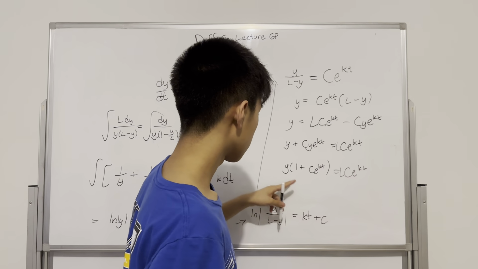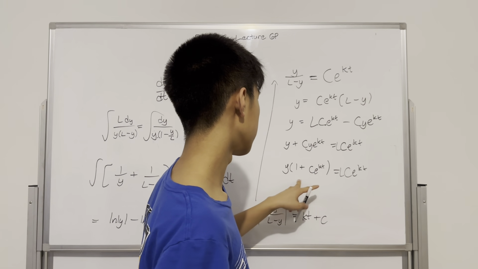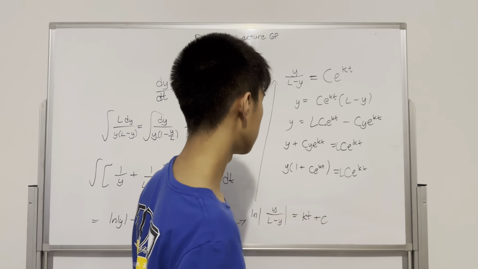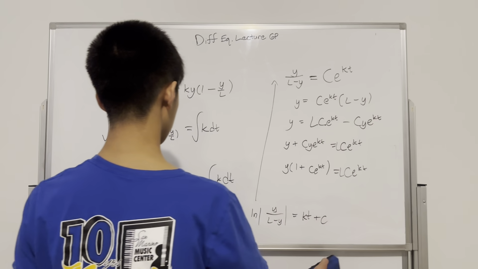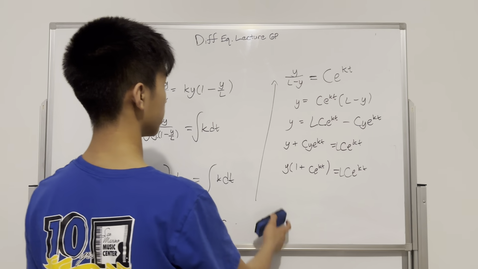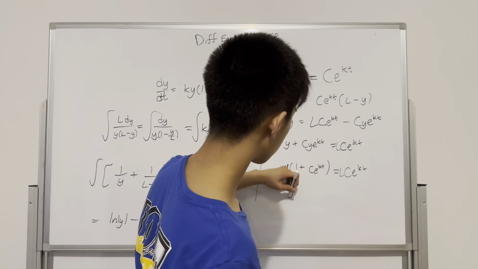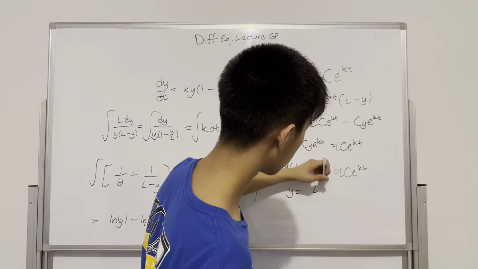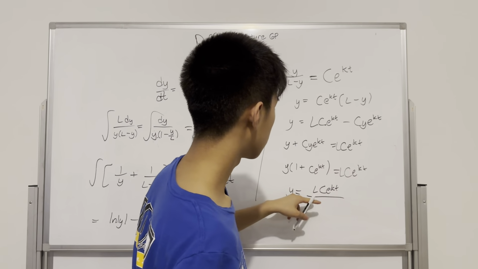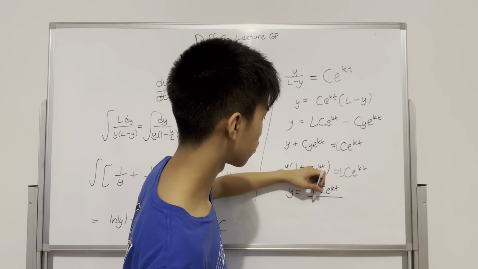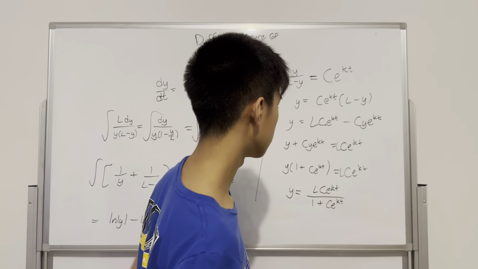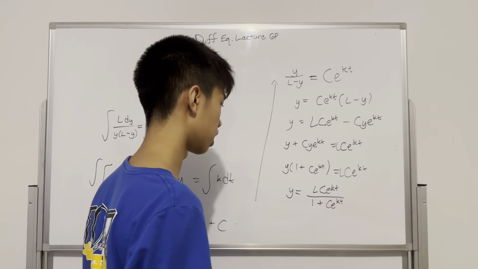So we can divide both sides by this. So now we have y times (1 plus c e to the kt). I think I can erase this now. I think you guys know what's going on. So then this is L times c e to the kt. You don't have to keep L, but I'm keeping it there just for clarity, because it may or may not be a bit difficult to understand what's going on.